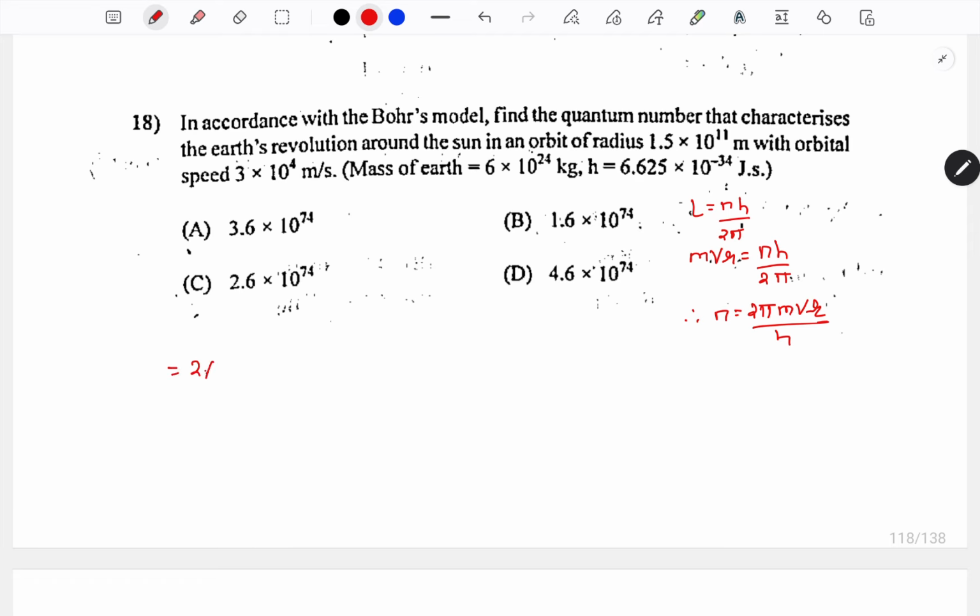2 multiplied by 3.14 multiplied by mass of Earth, which is 6 into 10 to the power 24, multiplied by v, where v is 3 into 10 to the power 4, and r, the radius, 1.5 into 10 to the power 11, divided by h, where h is 6.625 into 10 to the power minus 34.